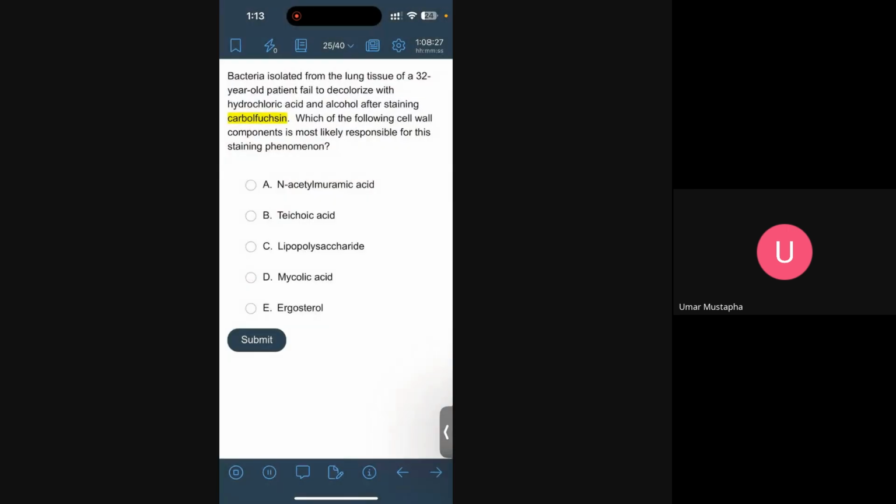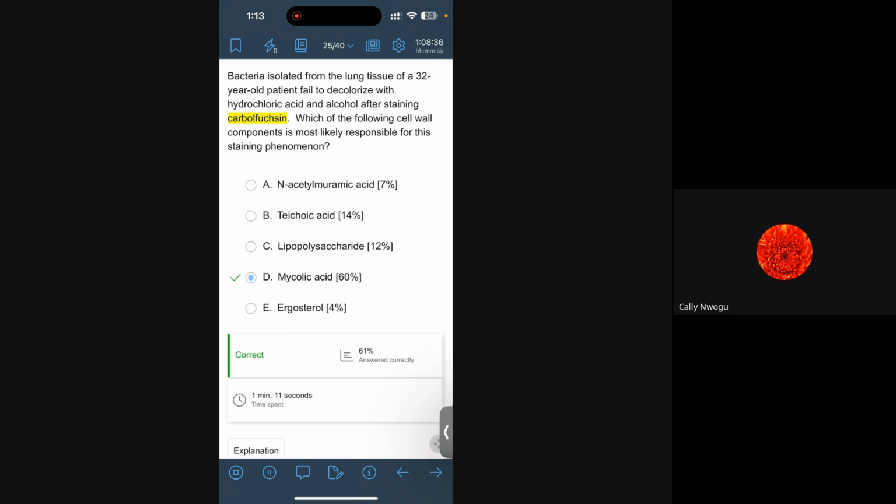So what would be the right answer here? D. Mycolic acid.